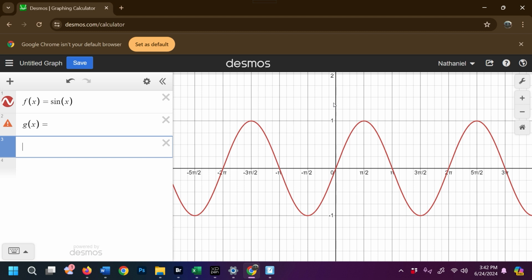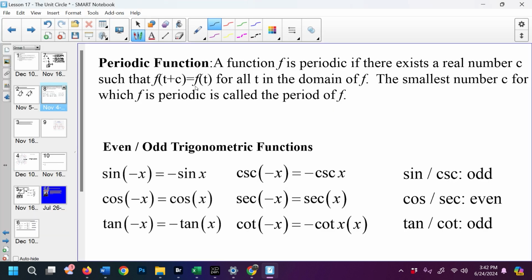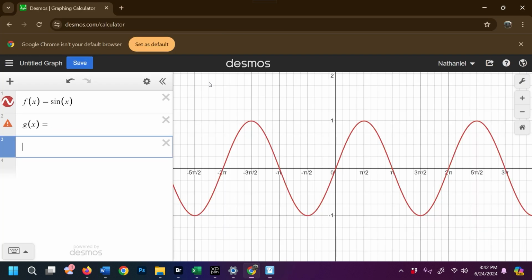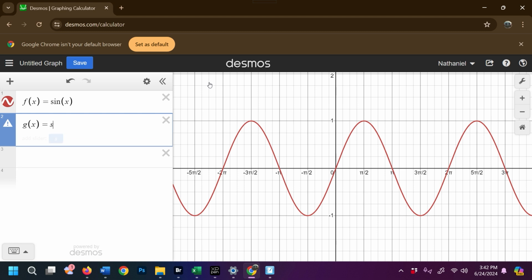And so here I have f of x equals sine x. And we can relate that to just that f of t, we're going to say. And let's say I do another value, and I say sine of x plus some constant a.